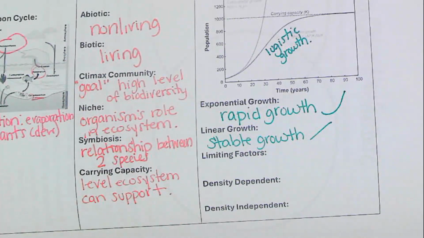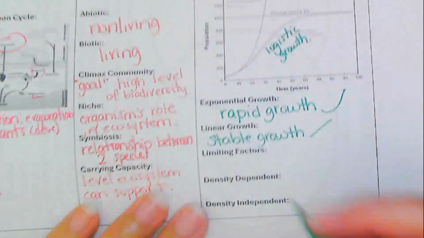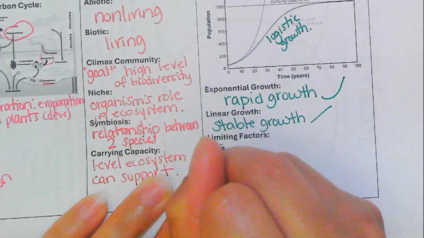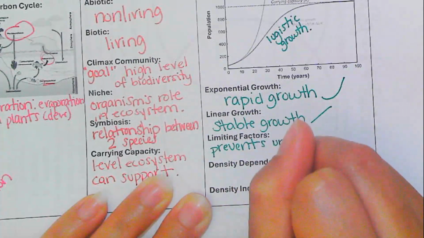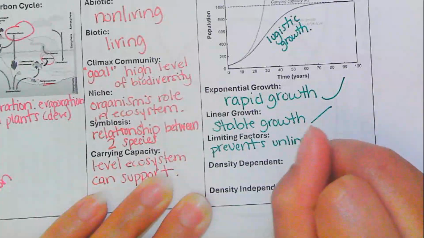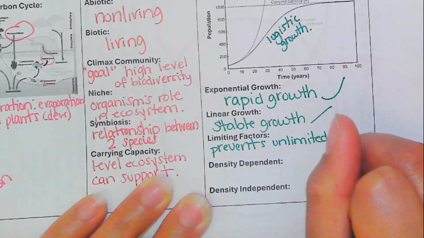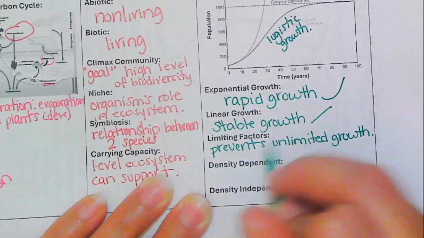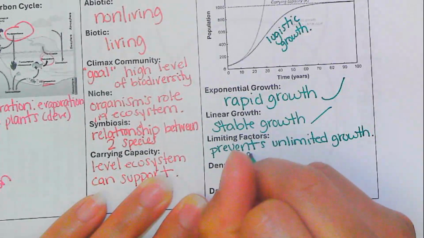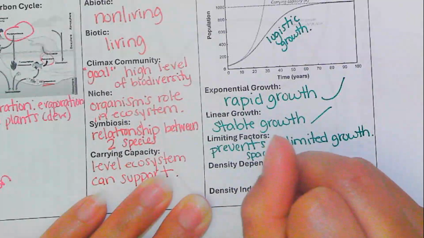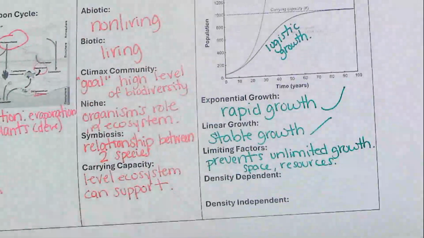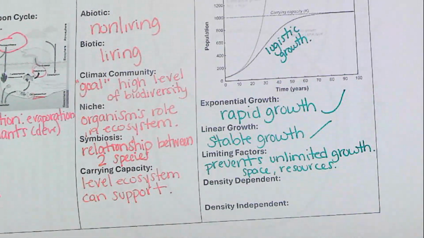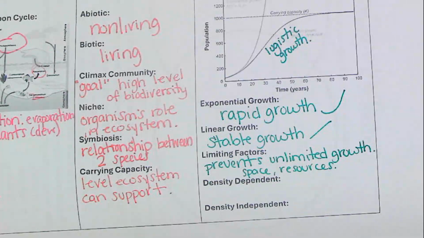Something that's going to prevent population growth. Space, resources, disease. Okay.